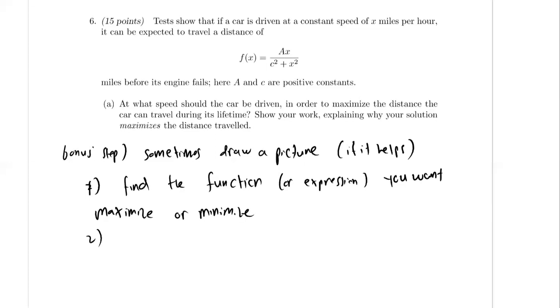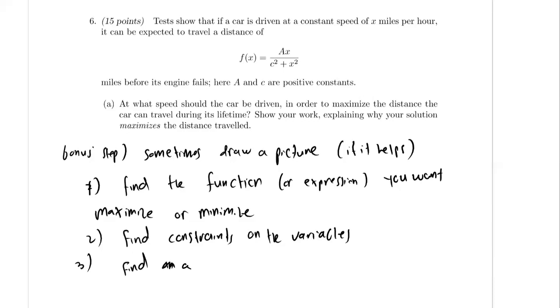Step 2, and I might have done these in a separate order in my notes, you want to find constraints on the variables. And then step 3, write an equation that relates your variables, which we already have. We're given what f of x is, so we don't really have to do it, but I'm going to write it.